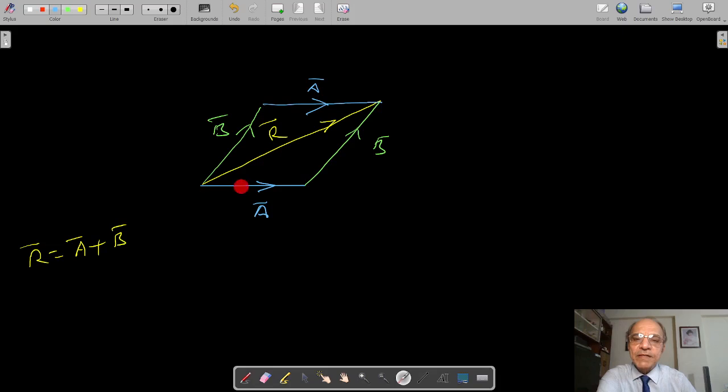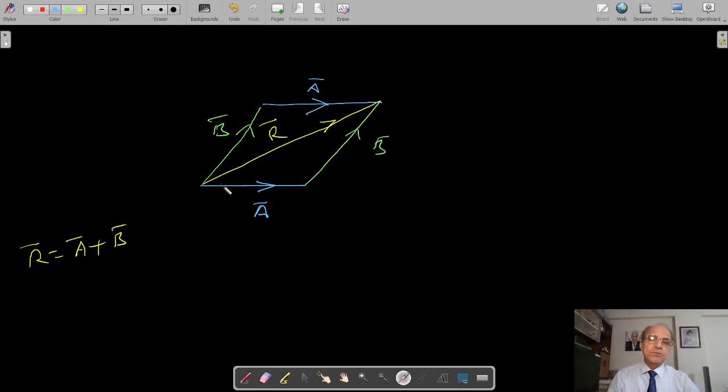If two vectors A and B can be represented by two adjacent sides of a parallelogram, then the diagonal of the parallelogram passing through the intersection of these two adjacent sides will represent the resultant of these two vectors.